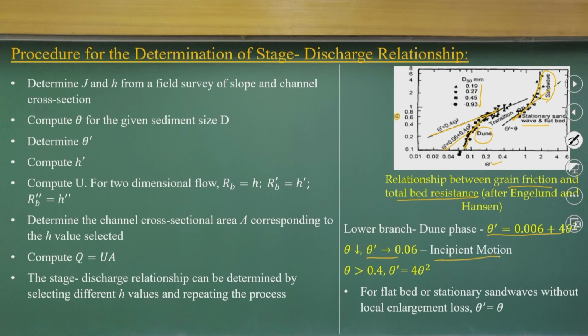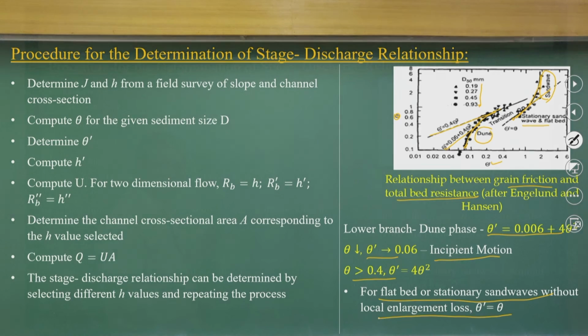If you look at the incipient motion, theta dash for flat bed will be equal to theta. That's what it's indicating in your case when you have that stage. Here also there is a procedure on how to get a stage discharge relationship, again using those equations and this graphical data.